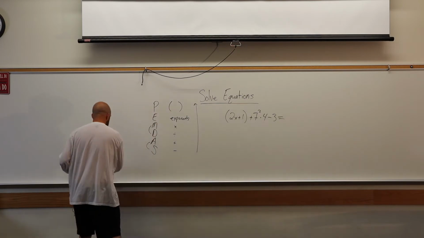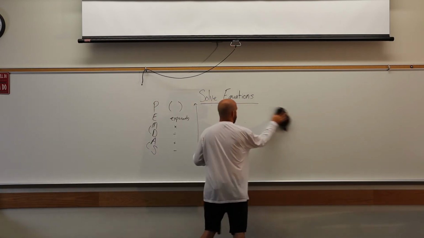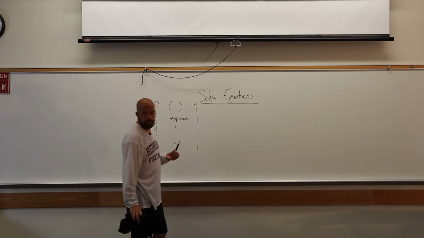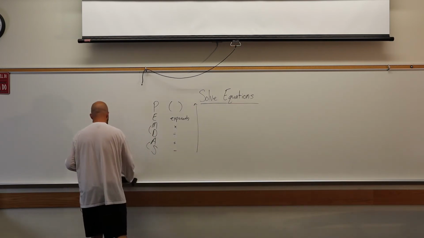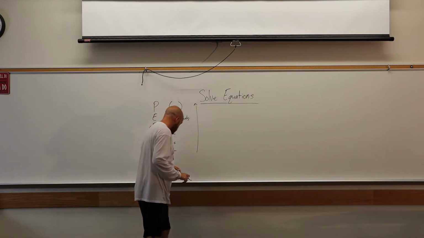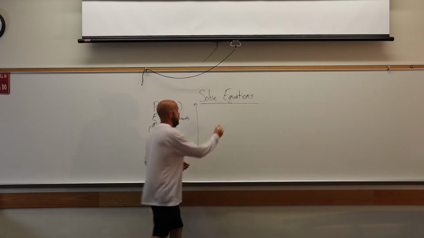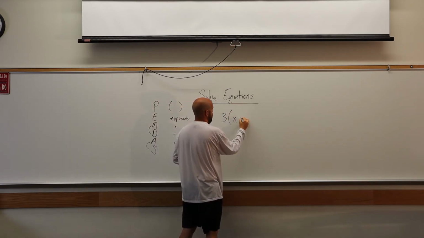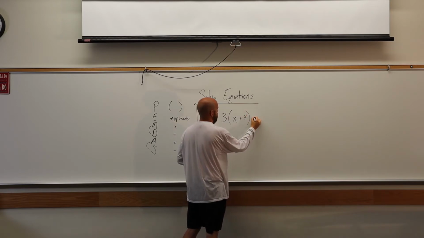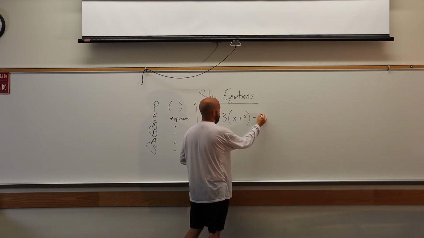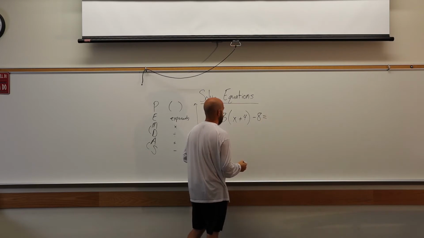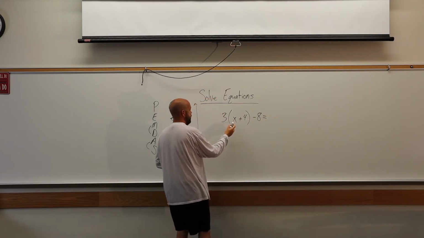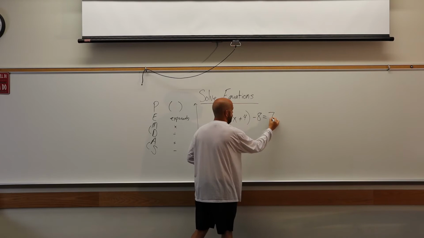Redo it. So let's say we have 3 parenthesis x plus 4 minus 8 equals, let's figure this out, 7.